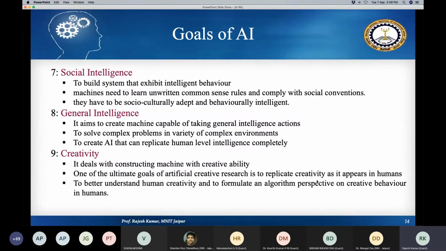What we want is they take the inputs, understand the change in the parameters, and understand the change in the environment and surroundings. From there, they develop a certain kind of perception, and then some kind of creativity to solve a certain kind of problem. So these are the few things which we say are the goals of AI.